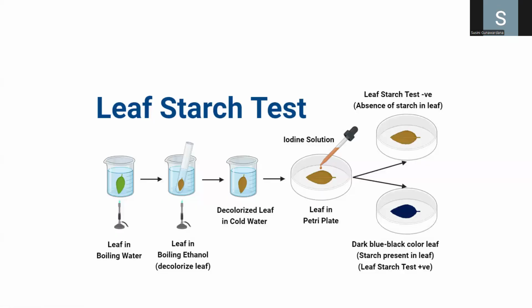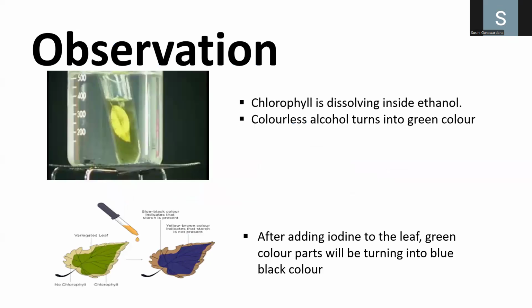At that time, you can see that the brown color iodine solution is turning into a dark blue-black color on the leaf. When there is starch, normally the leaf will turn blue-black. So these are the key observations of this practical.